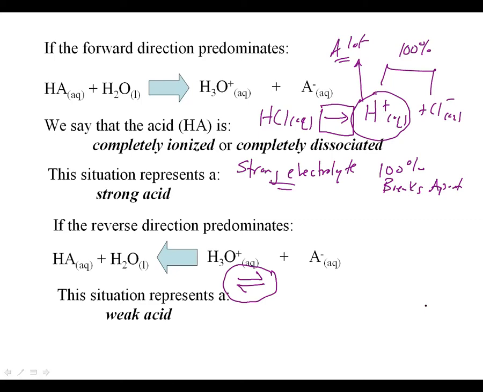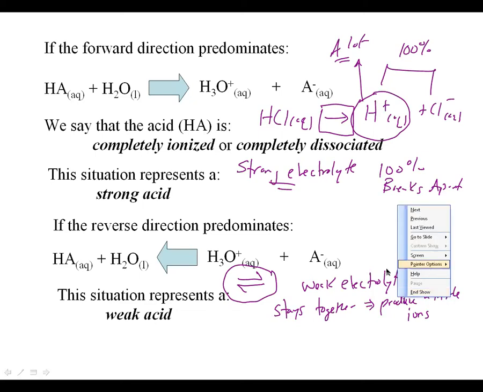What that means is it pretty much stays together, but will produce a few ions. Since it produces a little bit of ions in solution, it's still able to break apart and, for example, produce some H plus.